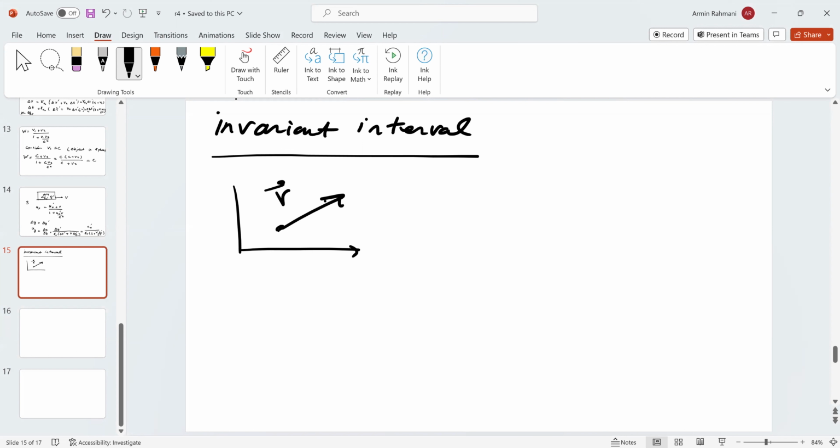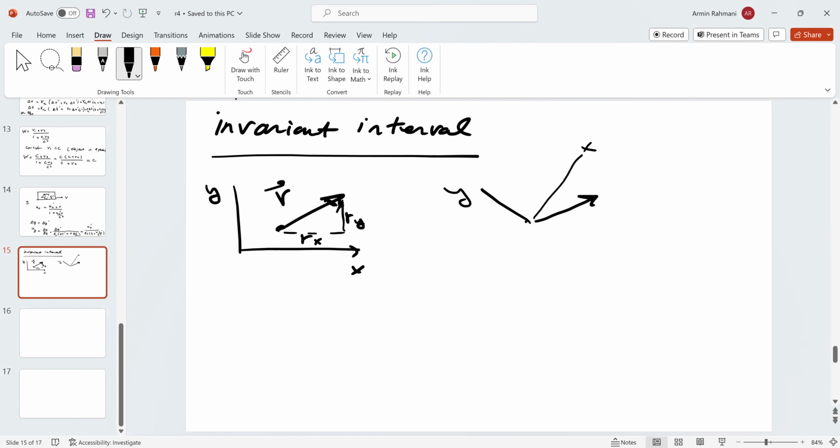If it's x and y in some coordinate system, the x component is going to be this length here, and the y component is going to be this length here. And the same vector, the same length, same direction, if I pick some other coordinate system, maybe x is pointing this way and y is pointing that way, it's going to have very different components.